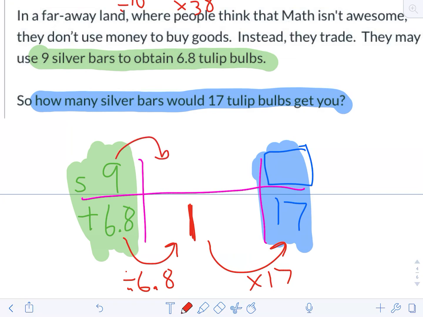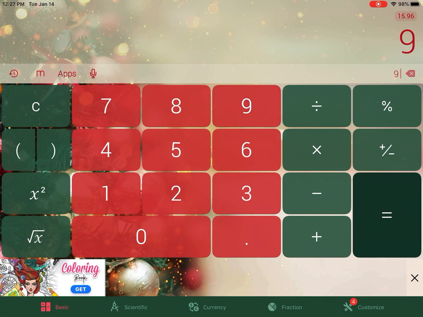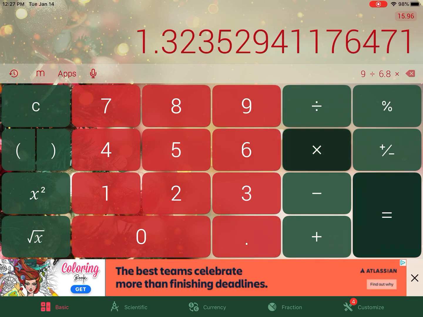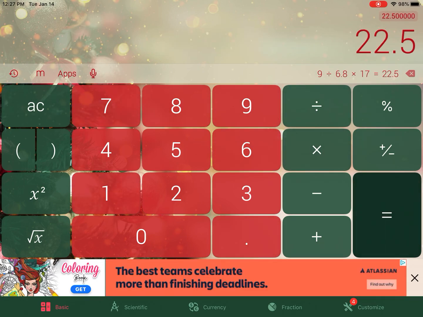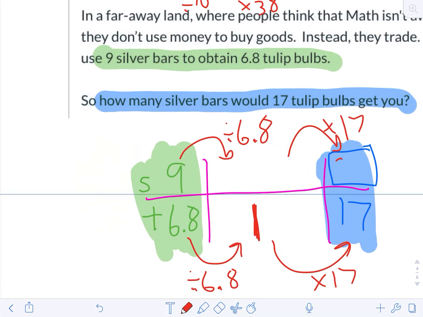I do 9 divided by 6.8 times that by 17. Okay, 9 divided by 6.8 times 17. 22.5. Love it. And that is how many silver bars you would get for 17 tulip bulbs. Okay? There we go. Good luck.